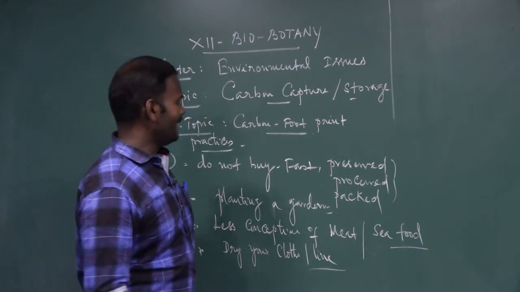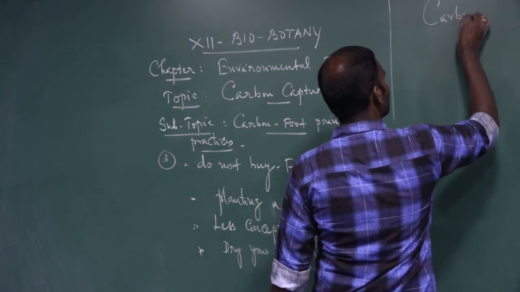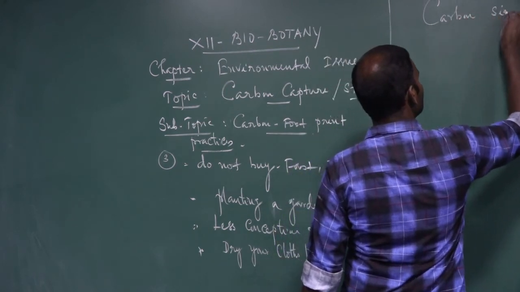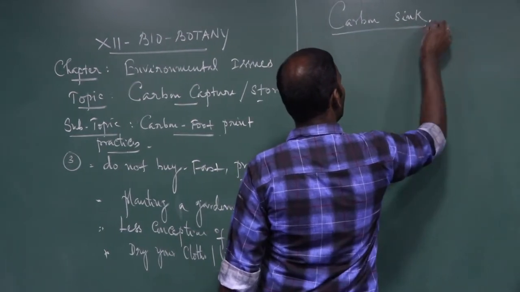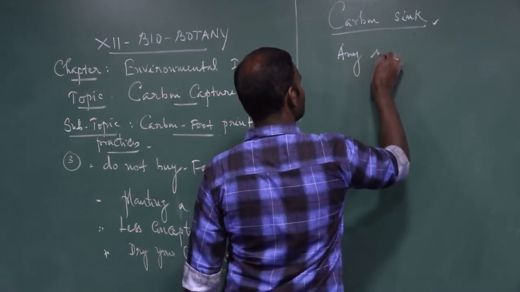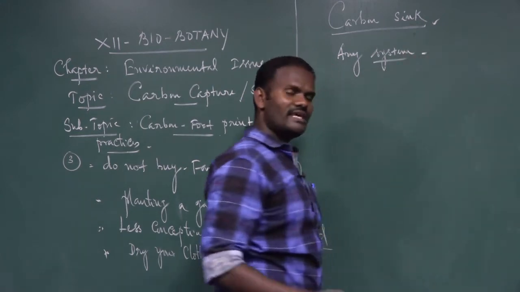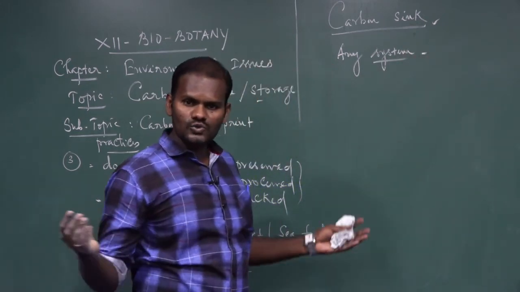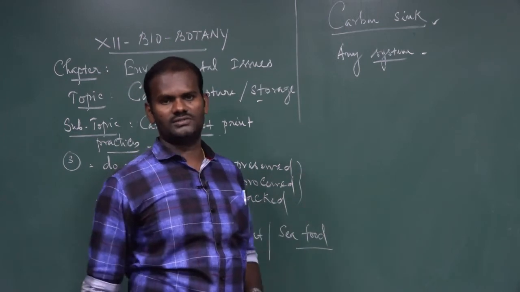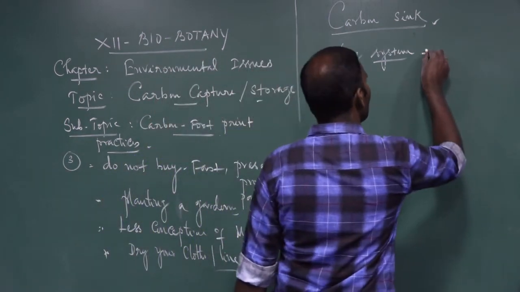Okay. The next heading, carbon sink. What do you mean by carbon sink? That's any system that has the capacity to secure the carbon dioxide, I mean the accumulation of carbon from the atmosphere.